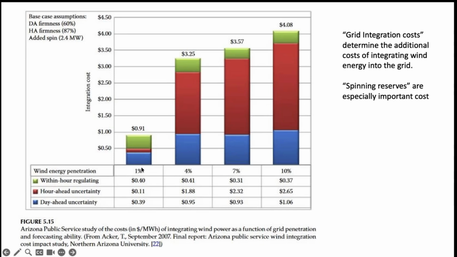This is 1% wind energy, 4%, 7%, 10% wind energy penetration, and as these renewables get involved more and more in the grid, the costs go up to figure out how to integrate them into it. It's a little confusing, but I think it makes sense.